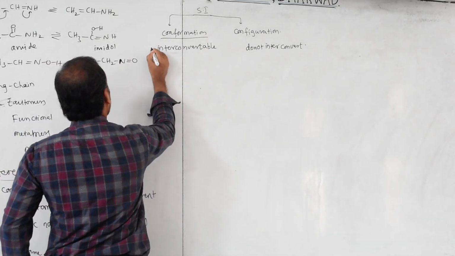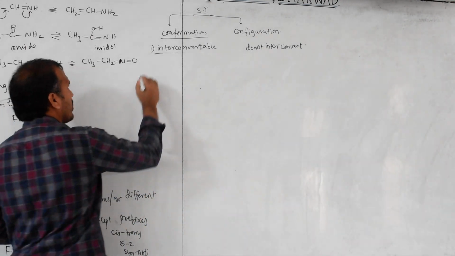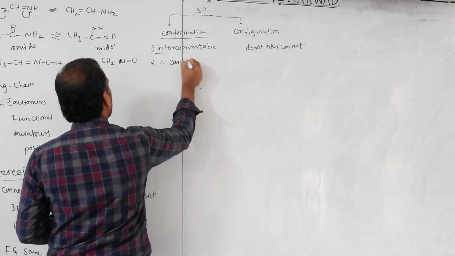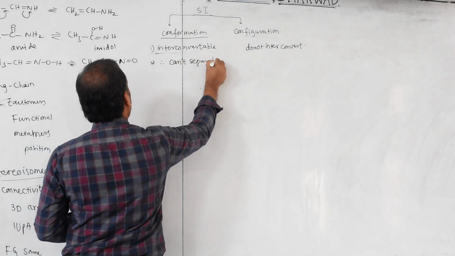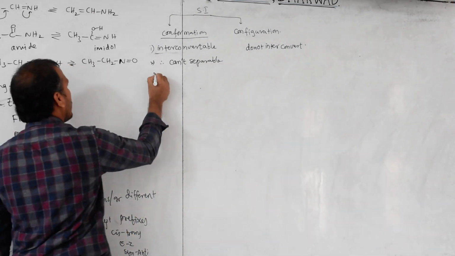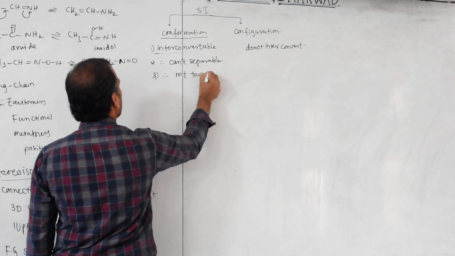First point, they interconvert. Second point, due to interconversion they cannot be separated. Third, when they cannot be separated, they are not true isomers.